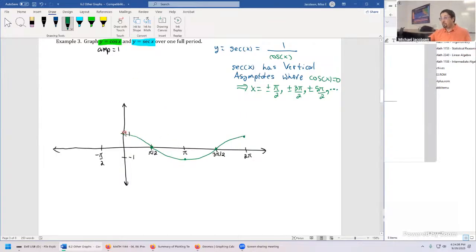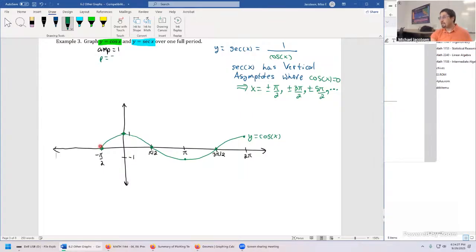However, we want to start at the vertical asymptote, so we're actually going backwards down to this point. This is still our y equals cosine curve, but we have a little bit more than we didn't actually need because we went backwards by the period.